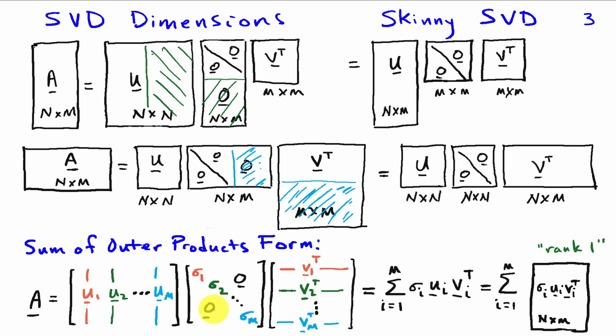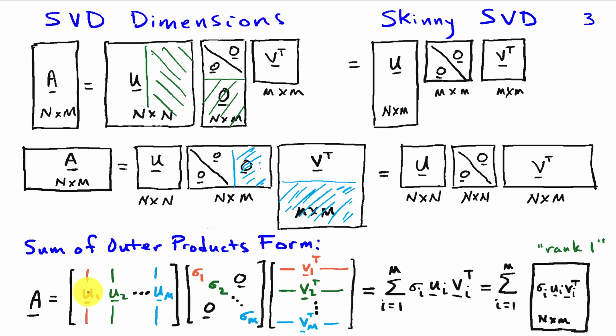View these as block matrix multiplication. This first column gets multiplied into the first row of sigma, and since the only element in the first row is sigma 1, the result is sigma 1 times U1. And that then is going to get multiplied into the first row of V transpose, which is V1 transpose.